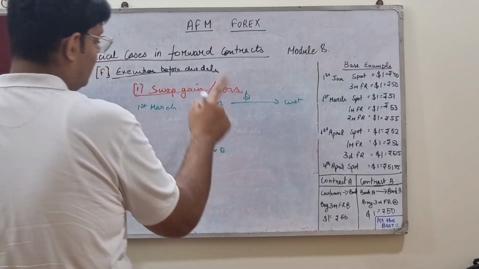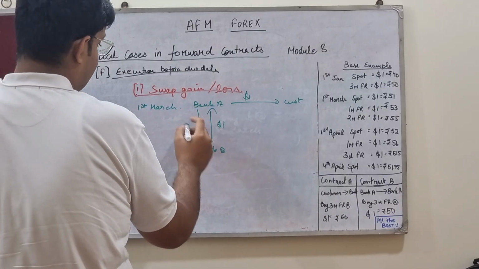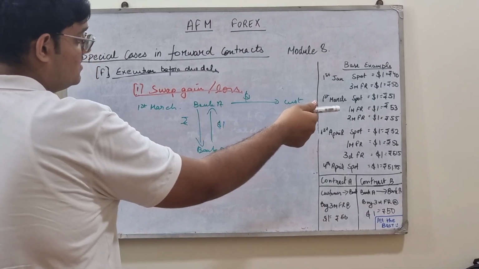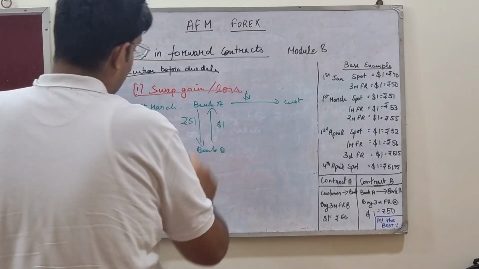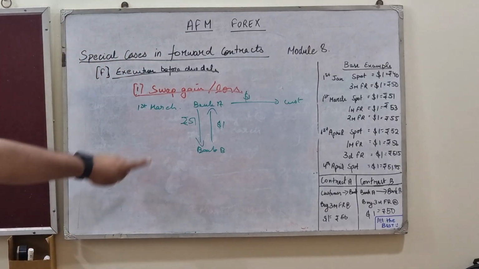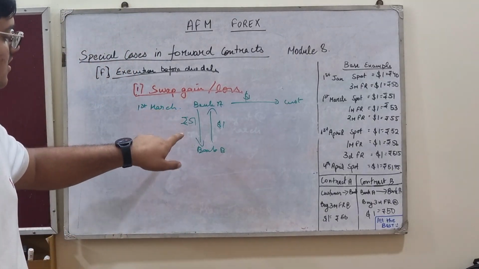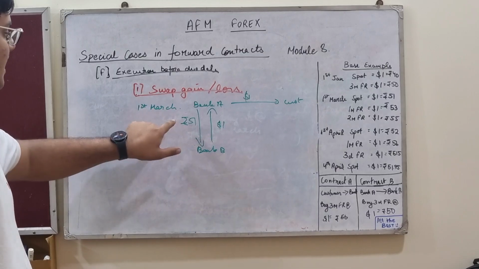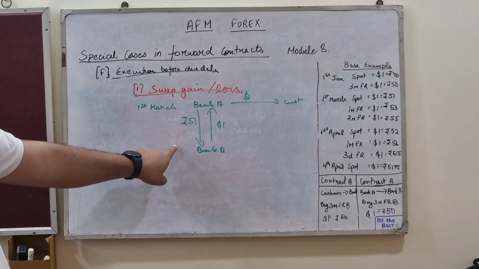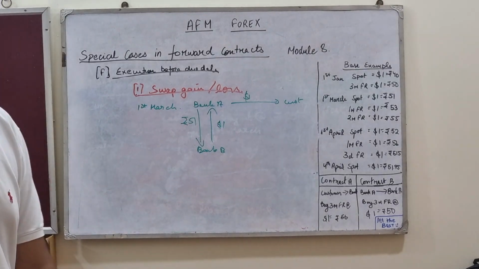Bank A will get the dollar, and bank B will get rupees at the spot rate, which is 51. So bank A will enter into a contract with bank B to buy $1 at the spot rate, which is rupees 51.